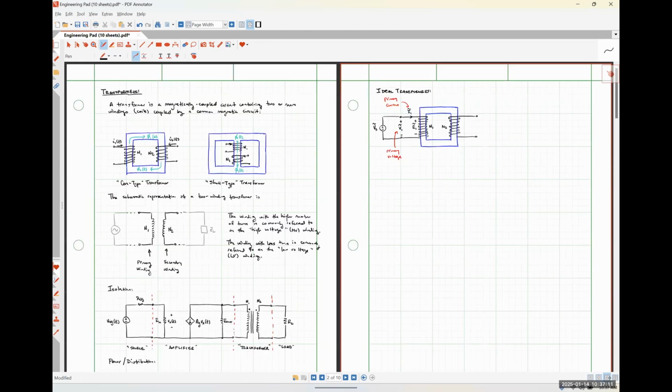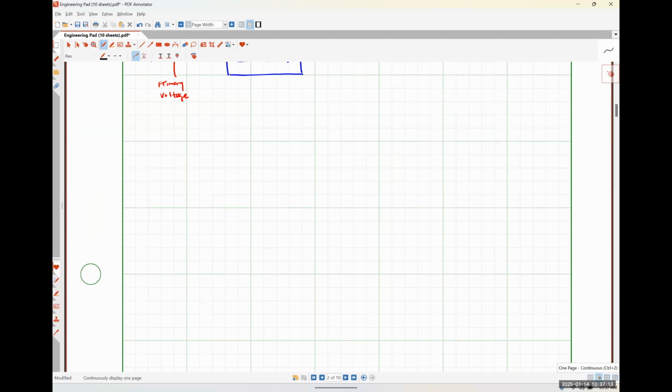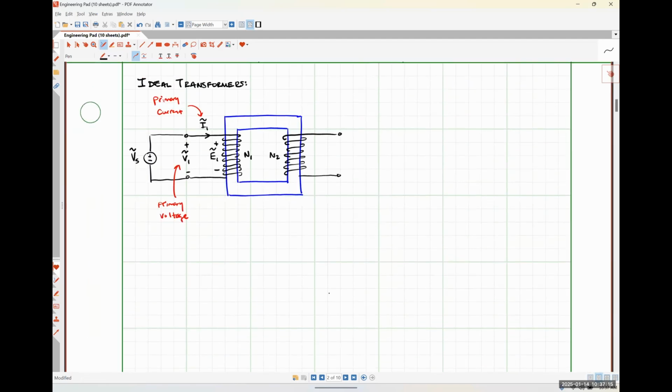And then we'll have a similar set of voltages and currents on the secondary side, right? So here's my terminal voltage, V2, which is my secondary voltage. Here is my secondary current, I2.